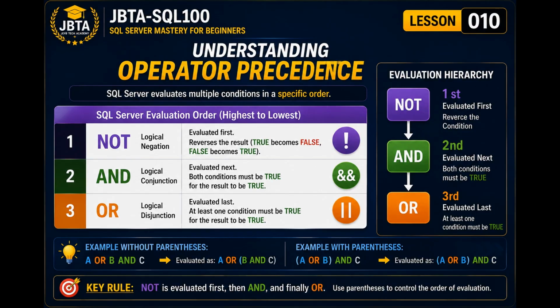Many beginners believe SQL Server evaluates conditions from left to right. But that's not how it works. SQL Server always follows operator precedence unless you explicitly change the evaluation order by using parentheses. In the next slide, we'll see a real example that demonstrates how adding parentheses can completely change the result of the same SQL query.